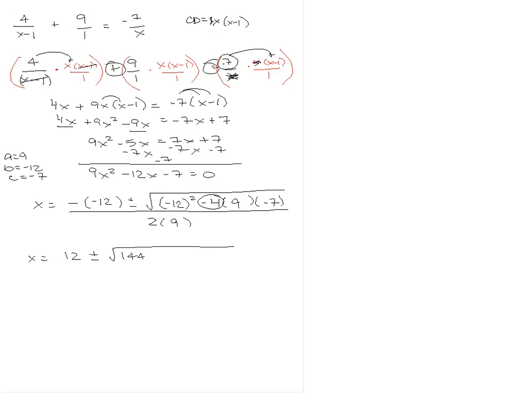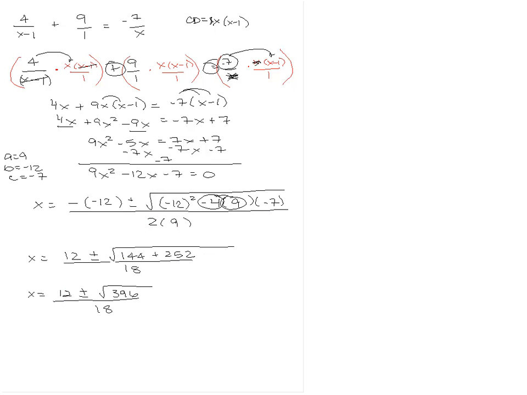Negative 4 times negative 9 is negative 36, and negative 36 times negative 7 is positive 252, over 18. Okay, x equals 12 plus or minus the square root of 144 plus 252, which is 396.